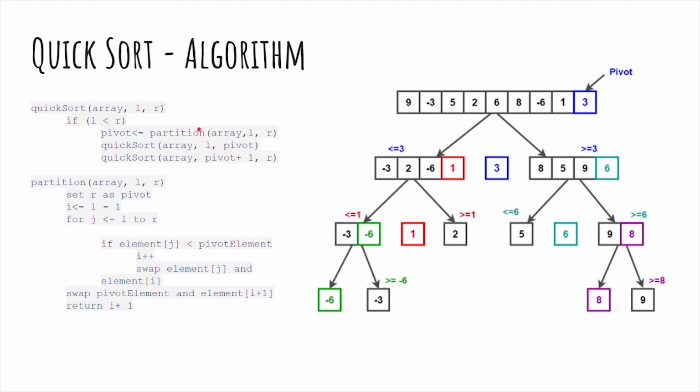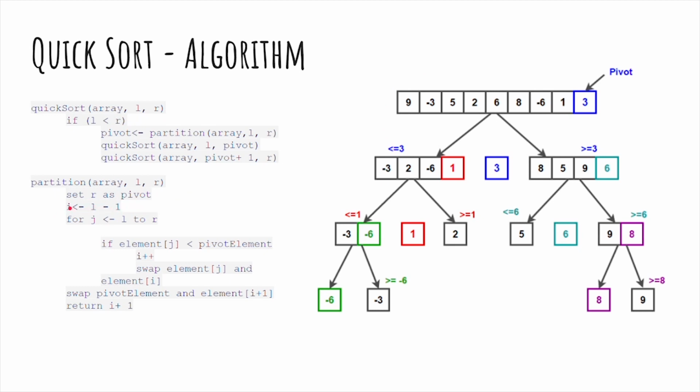Now the real magic happens in partition. For partition too, we give the original array, and we give the leftmost index of the subpart and the rightmost index of the subpart. And in here we set the pivot element at first as the rightmost index and set I as leftmost index minus 1.